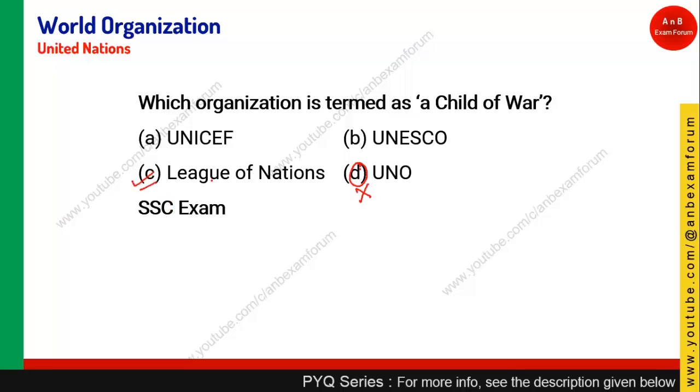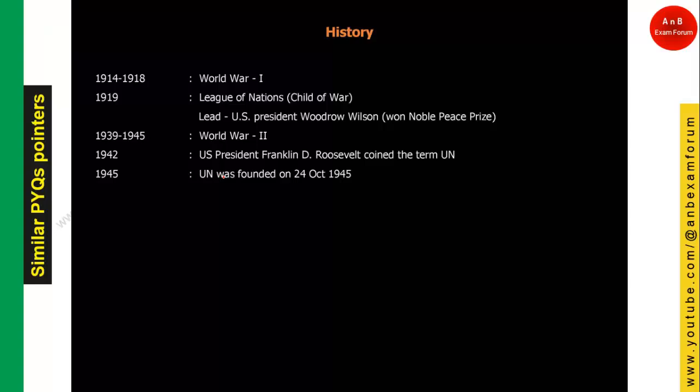So what exactly is the League of Nations? Why is it known as the child of war? Let us see. Coming to the history of the United Nations, you should remember World War I happened in the years 1914 to 1918. I am not going to tell you why this war happened.